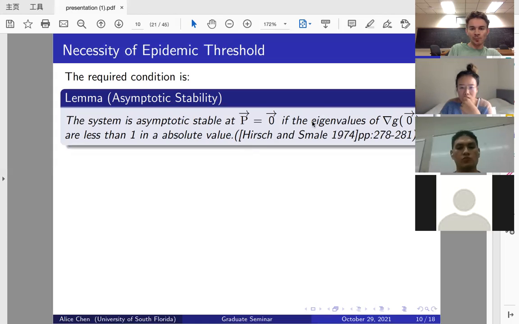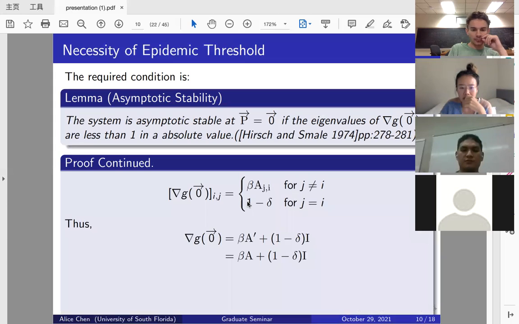So what we have to do is calculate the eigenvalues and absolute values of the gradient G and make them less than 1 to make the system stable. We calculate the gradient of this. If i equals j, the diagonal entry is always 0.